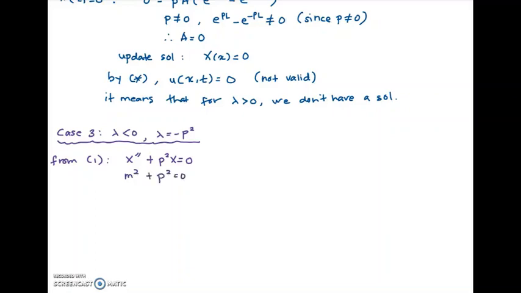Then m square is negative p square, so m is complex, m equals plus minus pi. So we have complex form. Therefore our solution should be in the form of exponent alpha, and in this case alpha is 0, so we have 1, and then a cos px plus b sine px. That is our current solution.